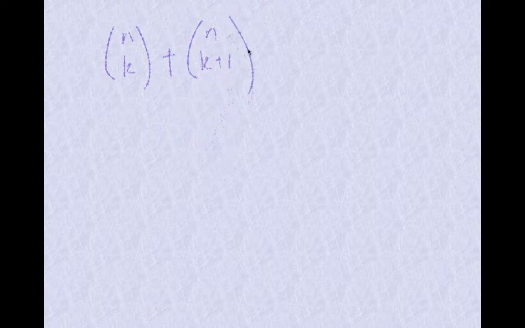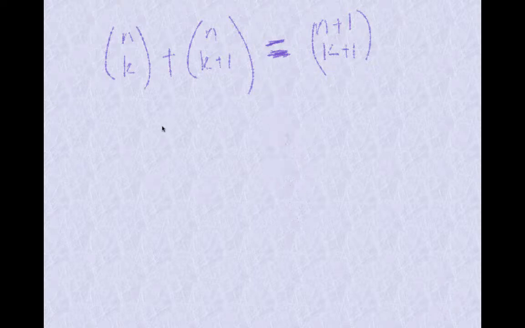On whatever level's on top, I'm going to have n choose k, and then I go up 1, but I still have the same n, and I'm trying to show that this is equal to, a level down, a bigger n but that same larger k. So this is what I'm trying to show.